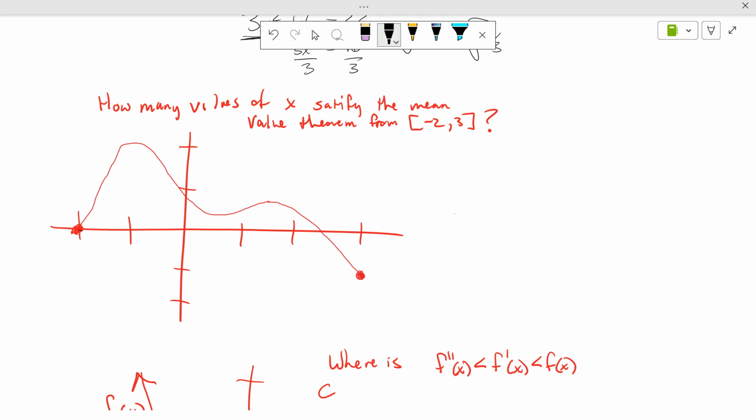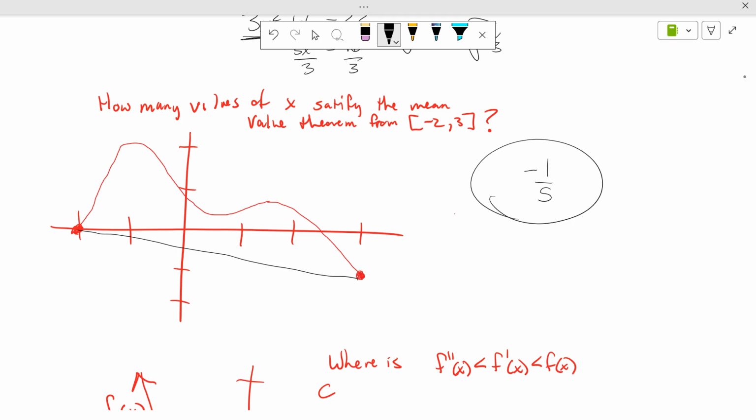What did we talk about? It was the average rate of change equaling the instantaneous rate of change. Our average rate of change is right here, right? Okay. So our average rate of change is, we go over 1, 2, 3, 4, 5, and down 1. So it is negative 1/5 is our average rate of change. Where along here would we have a slope of negative 1/5? How many times do you think we'd have a slope of negative 1/5? About approximately.